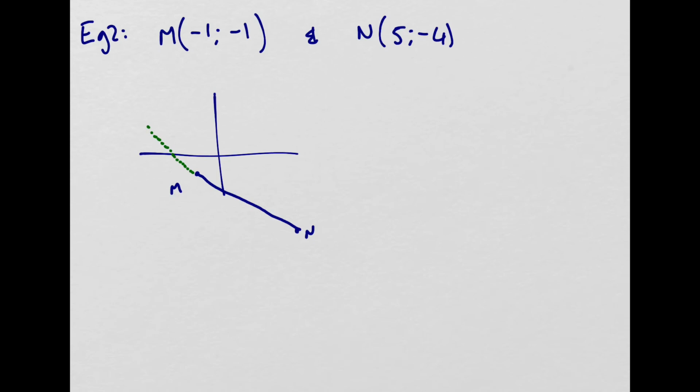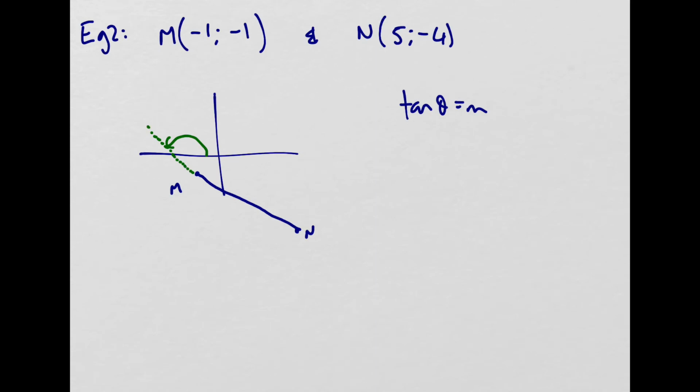Then the angle of inclination would be that angle from the x-axis until the actual straight line. But we're going to use the formula. The formula is that tan theta equals the gradient, and that's exactly how the formula is given to you on the information sheet.